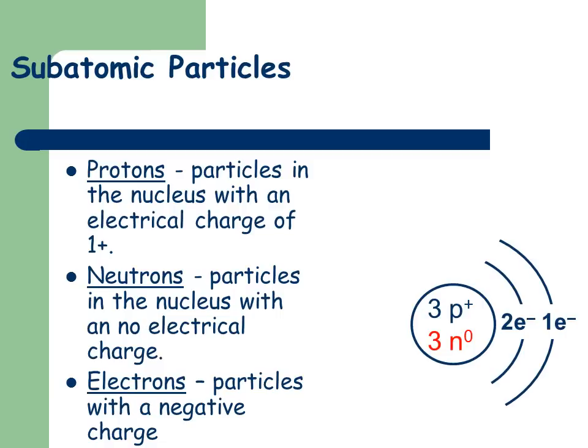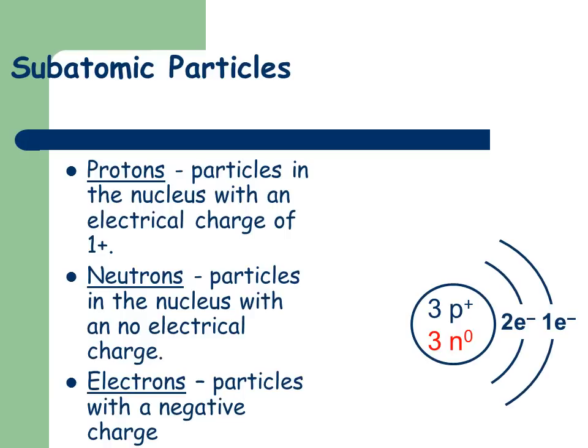So if you look at this picture here, 3p plus, that's referring to the protons. 3n with the superscript 0 is referring to the neutrons, which do not have a charge. And then in the first shell around the nucleus, you have a maximum of 2 electrons, and that's shown in here with its 2e minus, referring to the 2 electrons in that first shell.